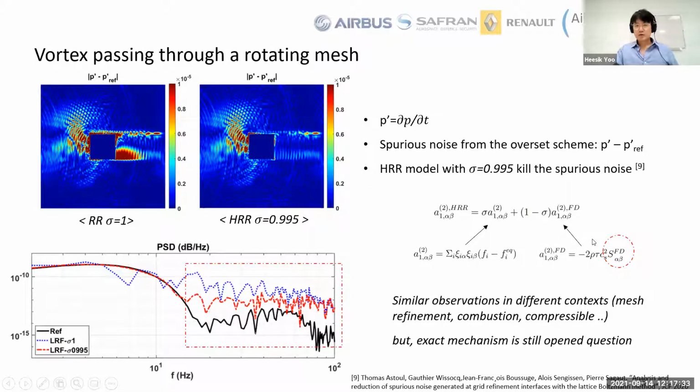But I think the exact mechanism is still an open question. And this is the PSD curve which quantifies the amount of noise. It shows that from sigma equals 1 to 0.995, it approaches the reference.